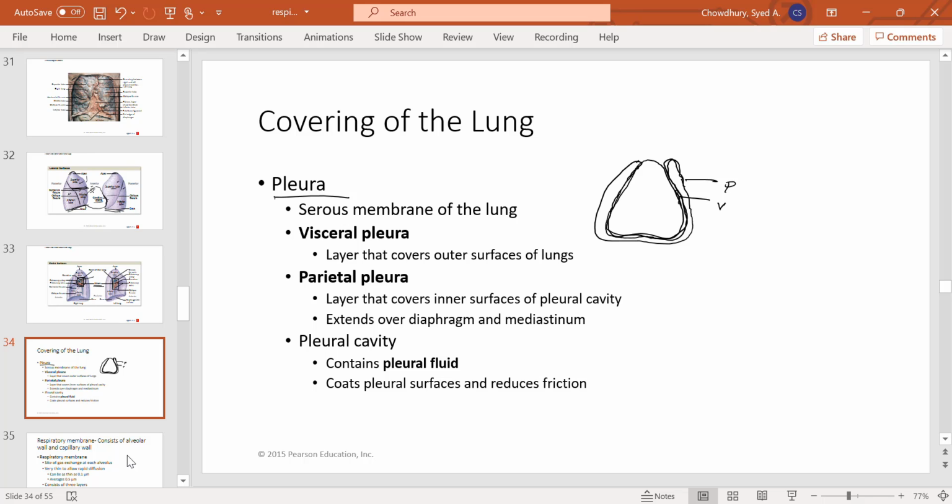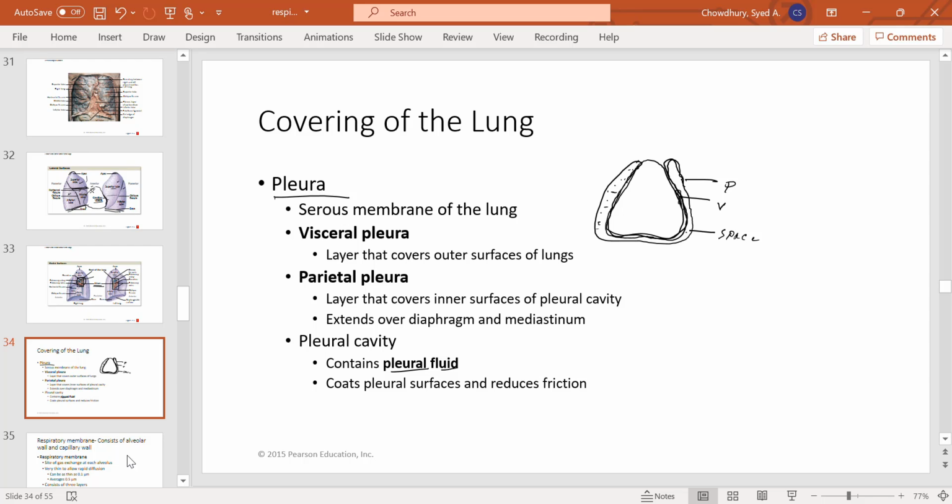So visceral is directly attached to the surface of the lung, and the space between these two is called the pleural space, okay, or pleural cavity. And this space is partially filled with fluid, and that fluid is the pleural fluid, and this fluid acts as a lubricant.